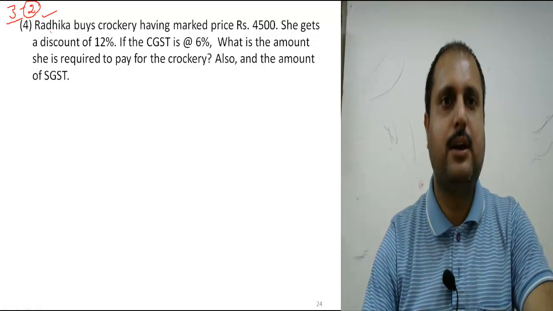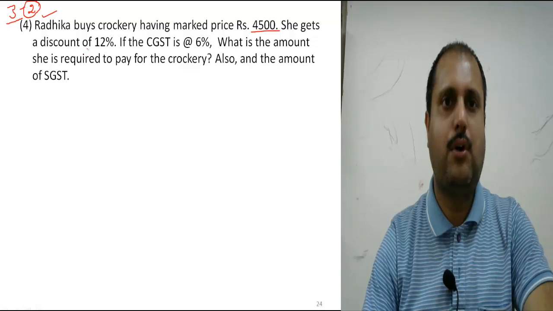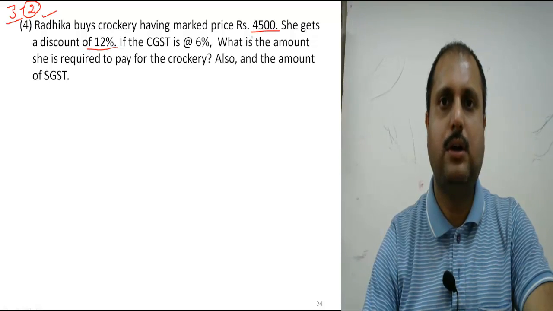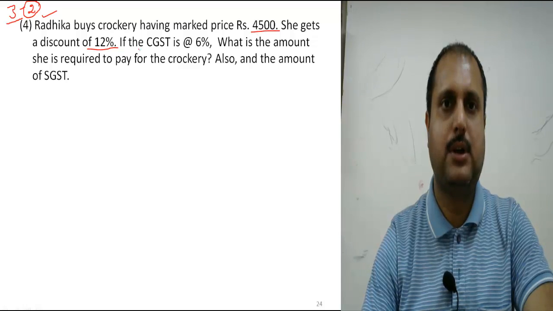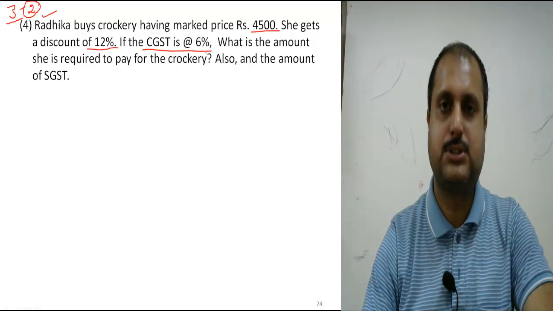The question says Radhika buys crockery having a marked price of 4,500. She gets a discount of 12%, so the 12% discount is on the amount of 4,500. Now if the CGST is 6%, it is talking about the CGST, not the GST.